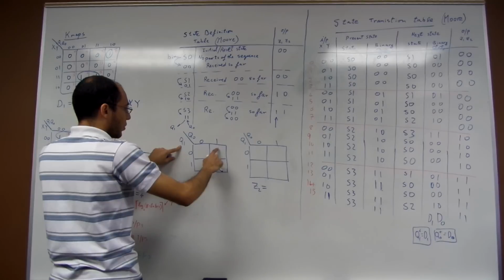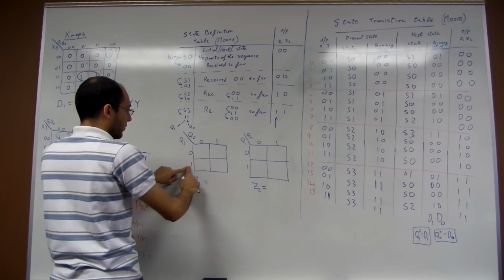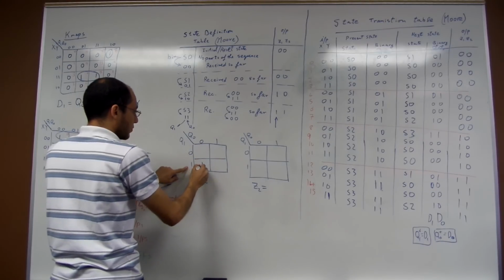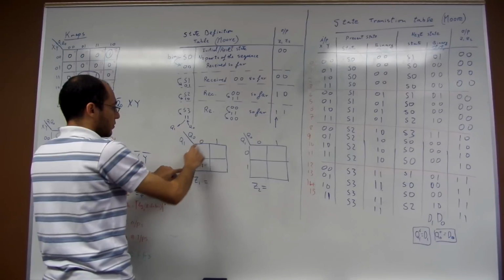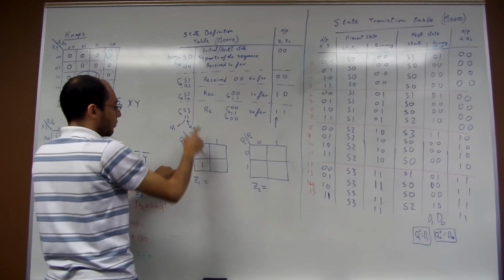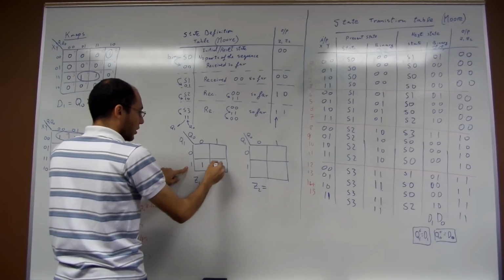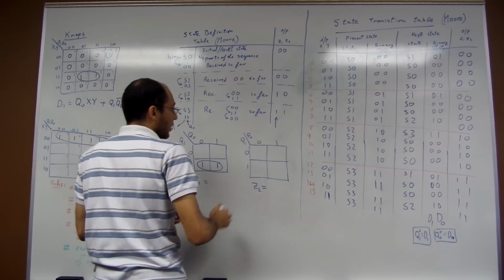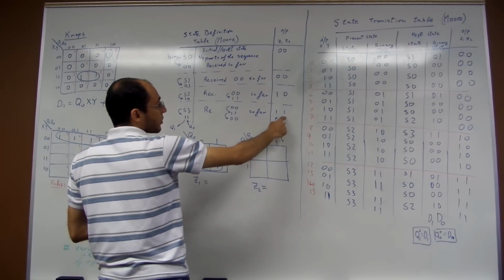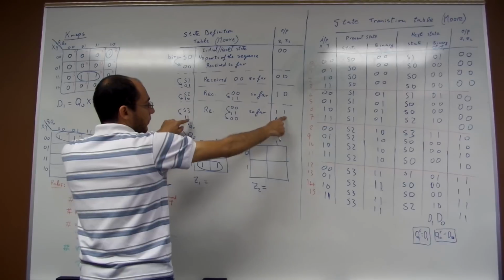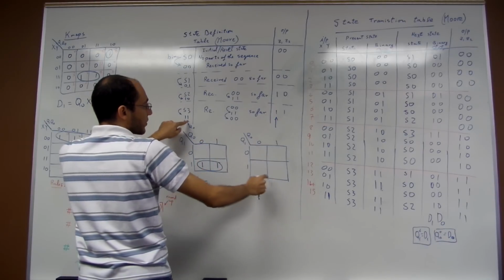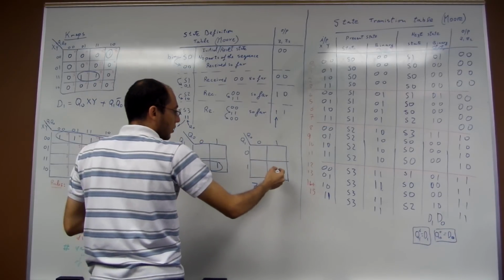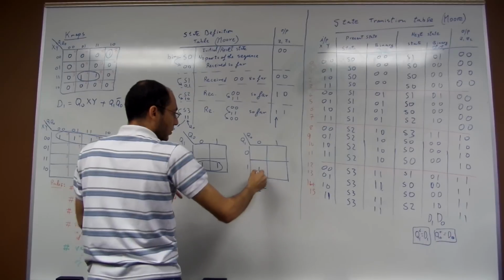This is 1, and 0, 1 0, and 1 1, which is this one. So you circle it this way. And we have a 1 only when we have 1, 1 for the Z2. For the Z2, this is 1. So we have 1, 1.